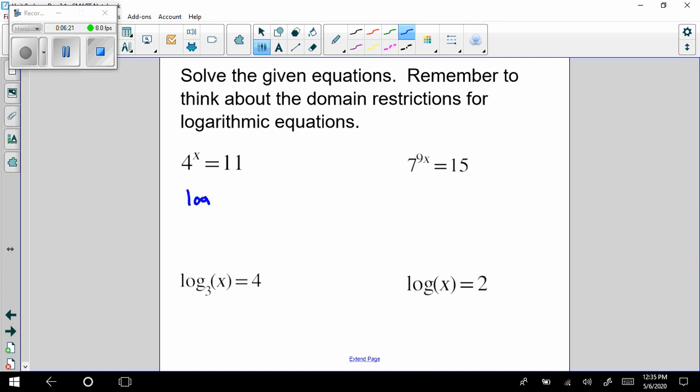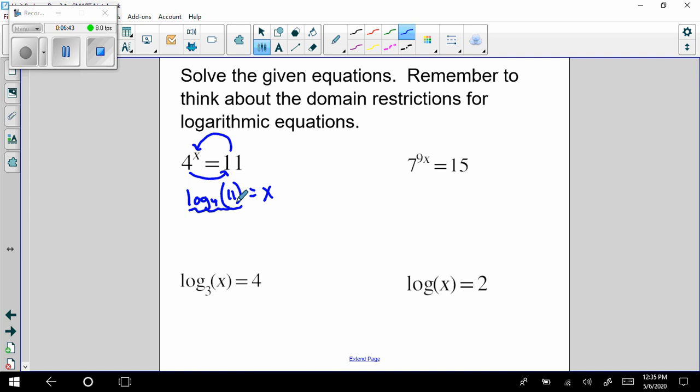So log base 4 of 11 equals x. Okay, so to get that properly written, you simply make your counterclockwise circle. So this piece is your calculator.